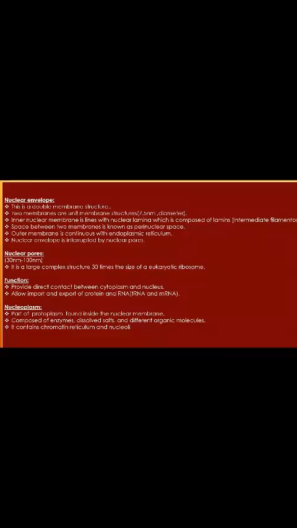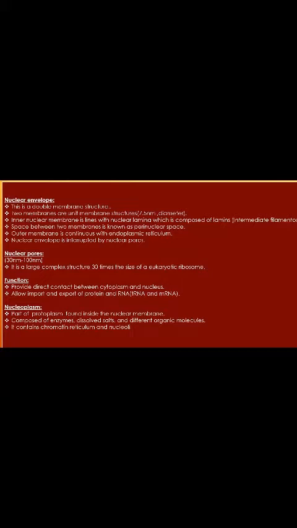Nuclear envelope is a double membrane structure. Two membranes are unit membrane structures, that is at the center phospholipid layer, and on either side it has protein. Inner nuclear membrane is lined with the nuclear lamina, which is composed of lamin.